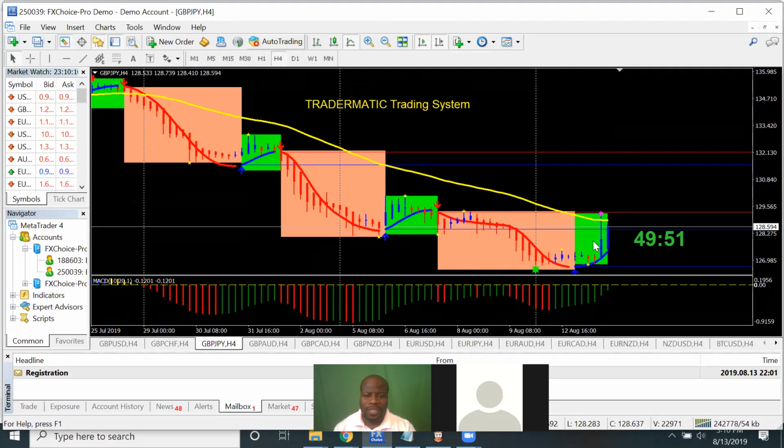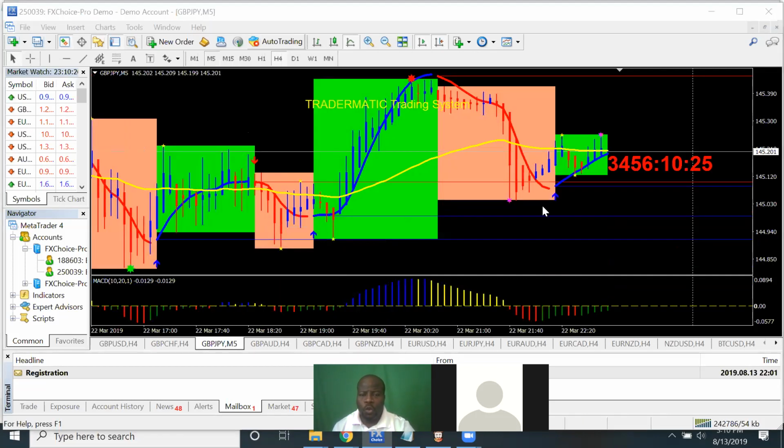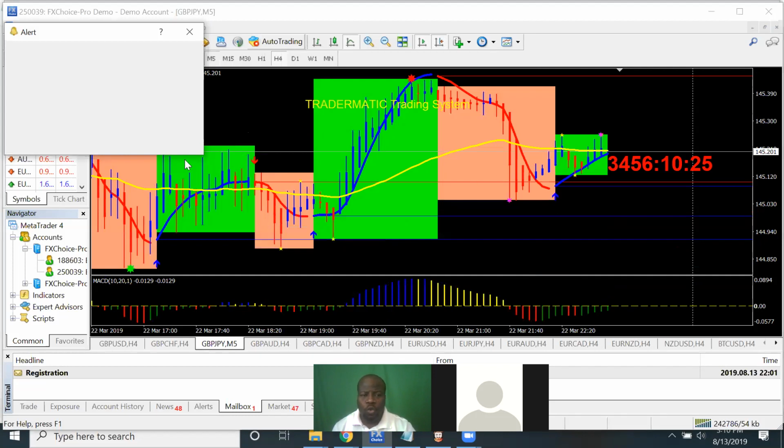Now you need to understand that the bigger or the higher your time frame, the bigger your stop loss. I mean, the risk that you have to take. If, for example, you are trading 5 minutes, you will discover that you have less to risk. For example, if you are buying in this place, your stop loss could be somewhere down here.